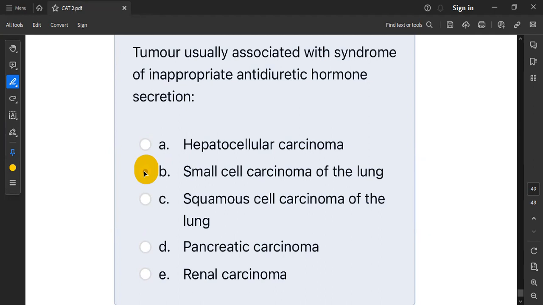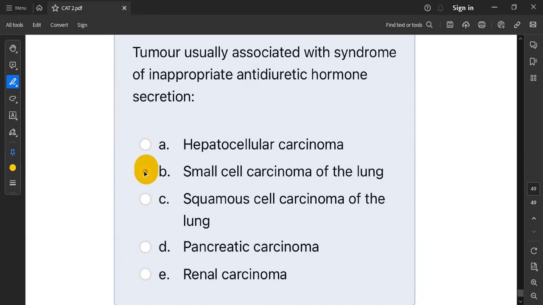And what product is secreted by squamous cell carcinomas of the lung? The parathyroid related peptide, PTHrP.